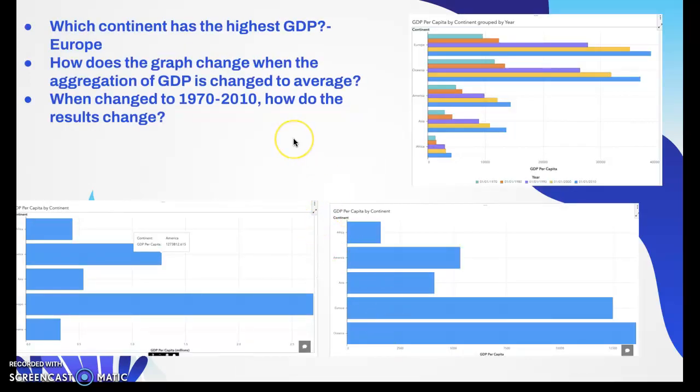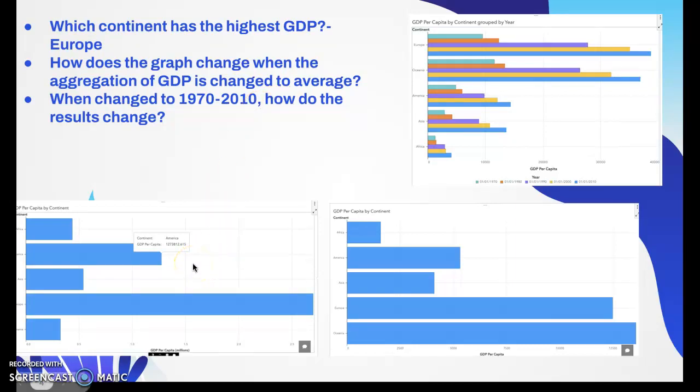Which continent has the highest GDP? This is GDP per capita by continent, and we can see that Europe has the highest GDP. How does the graph change when the aggregation of GDP is changed to average?